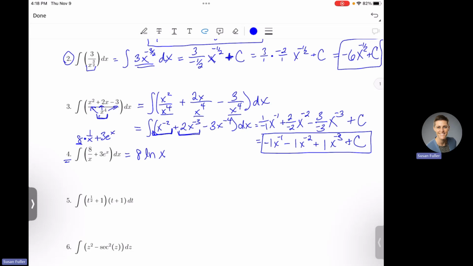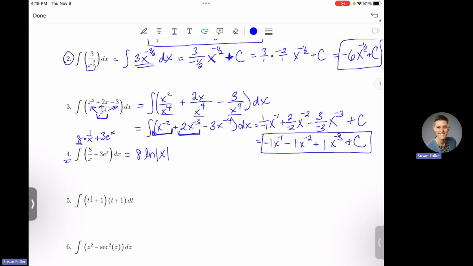We have to make sure that the thing inside our ln is positive. And so in order to do that, we're not sure what x is. It can be anything. So we're going to put absolute value bars here on that x to make sure that we're taking the natural log of a positive number so that we can do this. And notice that x cannot be equal to 0 from my original here, so we don't have to worry about the case where x equals 0. That's not going to be included here.